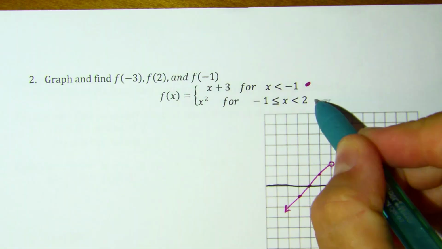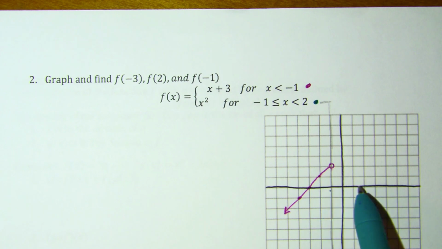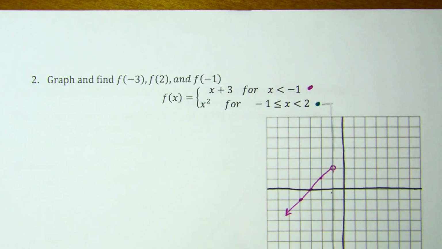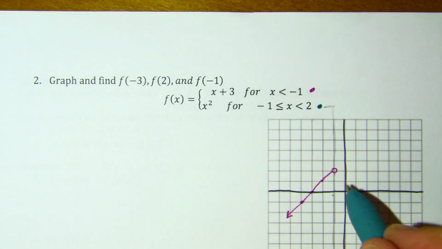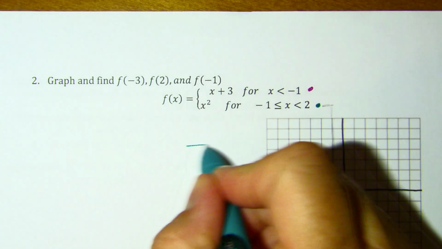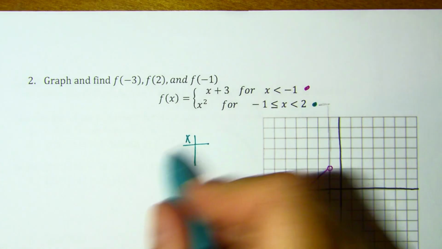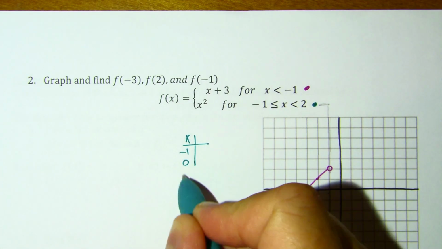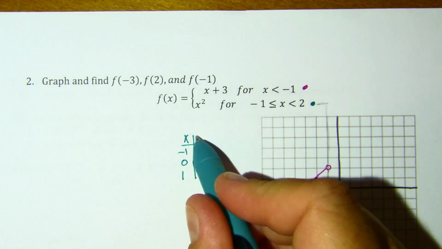And then here I have the x squared function from negative 1 all the way to 2. And then it ends there. My graph doesn't keep going forever. So if I were to plug in some values, or I could use the parent graph that we saw earlier, if I plugged in negative 1, 0, and 1, well, negative 1 squared is 1.